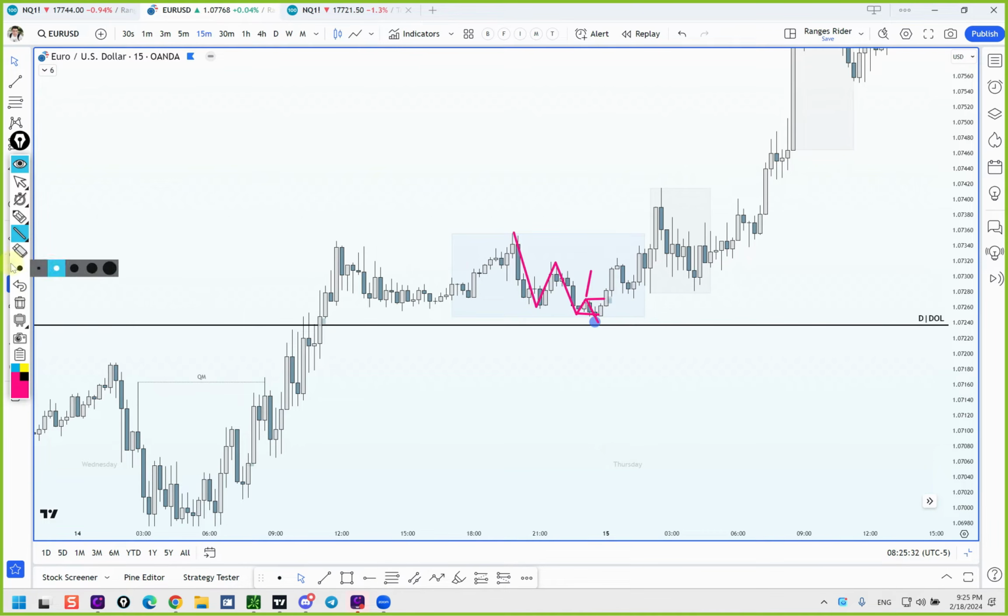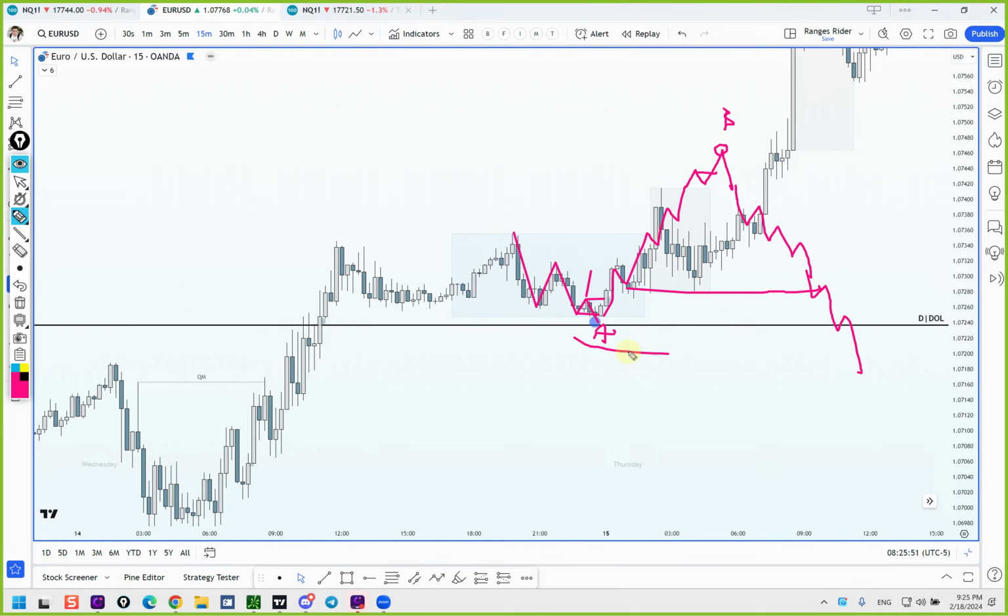So let's say you have the QM here, and the market goes higher and creates another QM here, and then you say your range is from A to B, something like this, and the market comes down to take the internal range liquidity and breaks the structure.